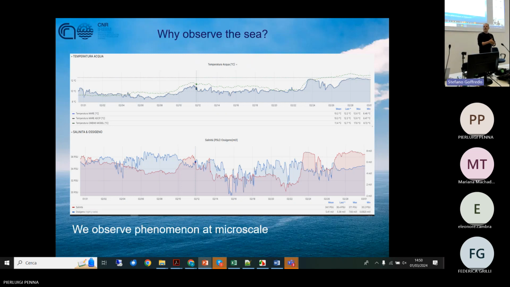Other questions? We are speaking about the satellite data, satellite analysis and so on. There are some that are not surface data, something in the deep. Not for satellite, but satellite is useful to feed models, and models can calculate the volume.